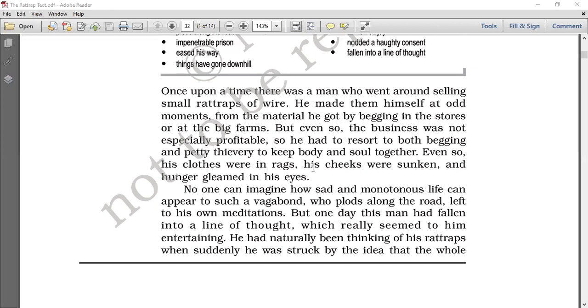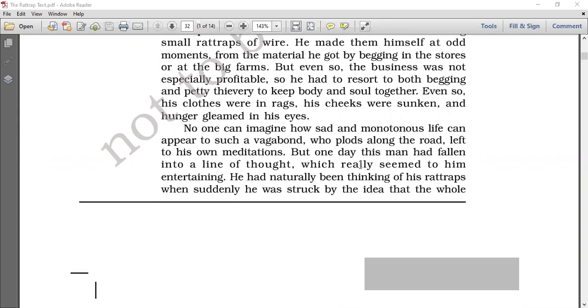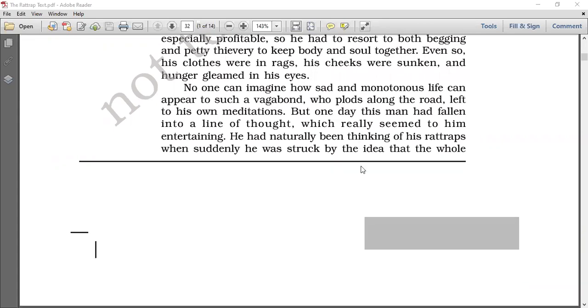And of course the image of the particular term: vagabond, or we are taking that rat trap seller, or we can go for a vagabond. So a vagabond, or rat trap seller, or a tramp, and of course we can take a person who was selling rat traps. Understand that? And no one can imagine how sad and monotonous life can appear to such a vagabond. Underline vagabond: a rat trap seller or a beggar.